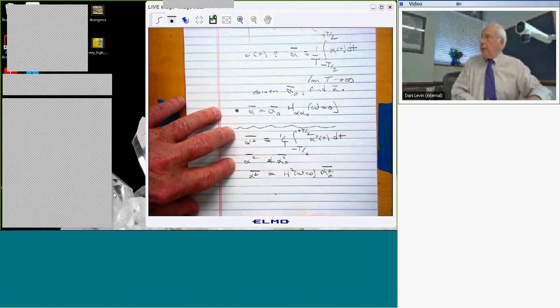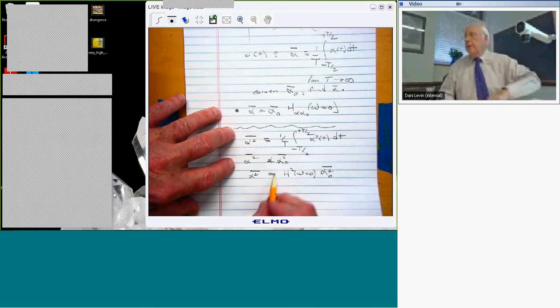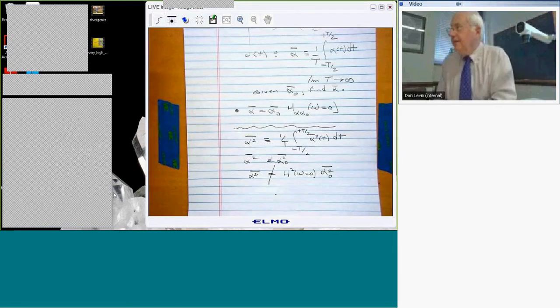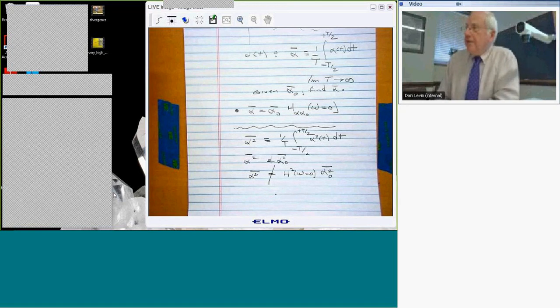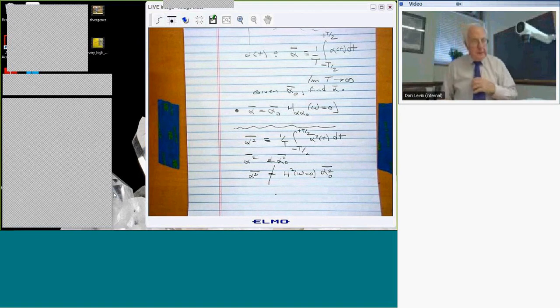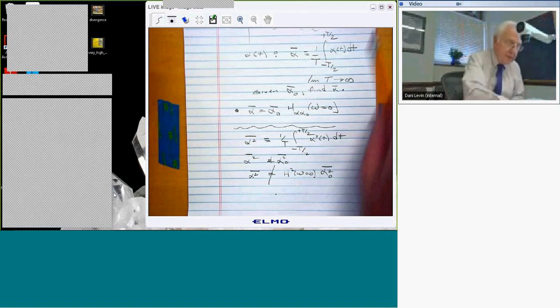Unfortunately, that is not true. Unfortunately, it's not true. In fact, if it were true, life would be so much simpler. But it's not true. So, what is true?